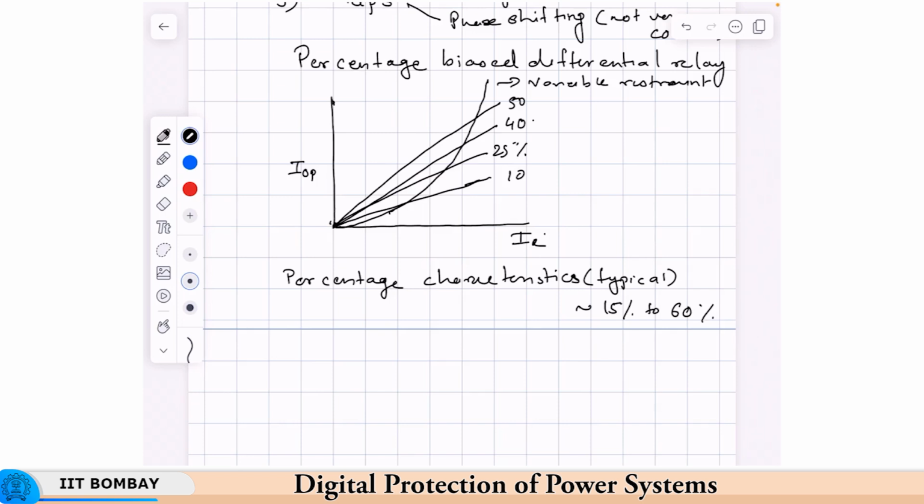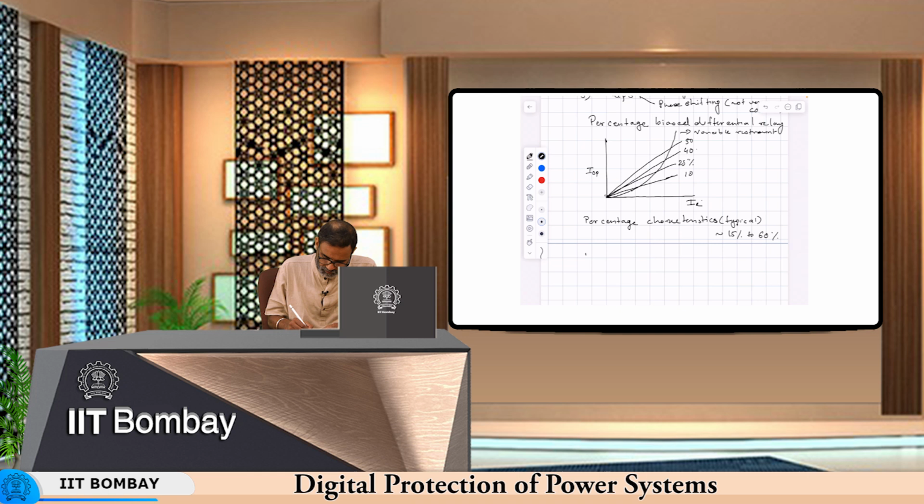So this provides for or takes care of CT ratios, excitation, taps, and types also.